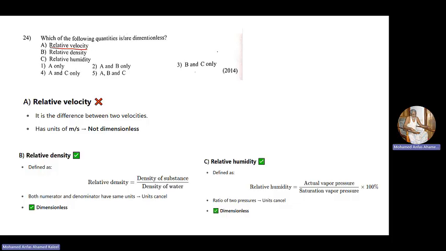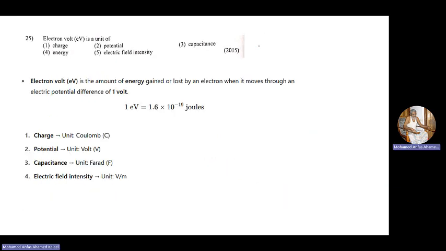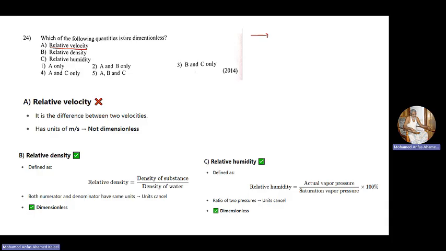What is relative velocity? For example, if A is moving in this direction and B is moving in this direction.